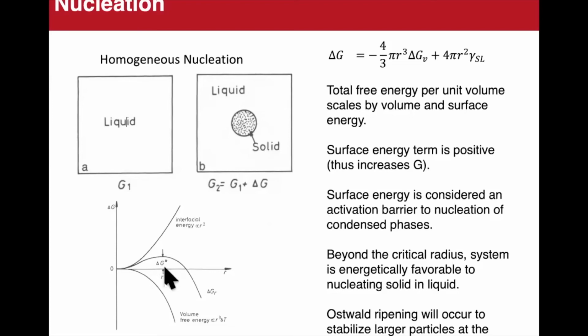But beyond the formation of the critical radius, the system is energetically favorable to nucleating the solid in the solution. And then after that, ripening will occur and larger particles will form at the expense of smaller particles being eaten up by the larger particles.